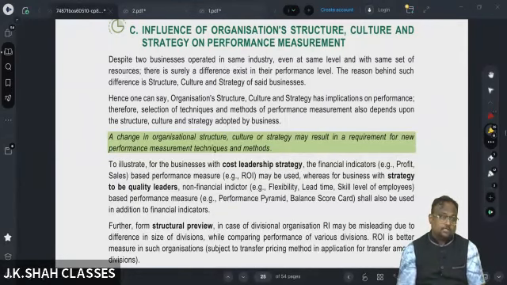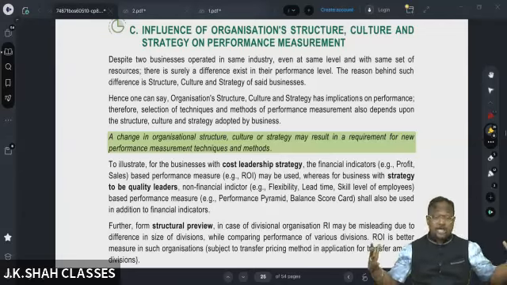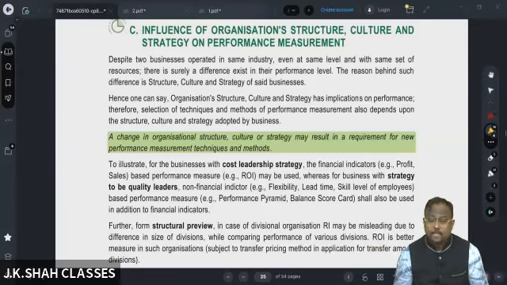Some organizations may have growth as a parameter. Some organizations may have a wider customer base as a parameter. So each organization will have different parameters, different ways of evaluating performance measurement.